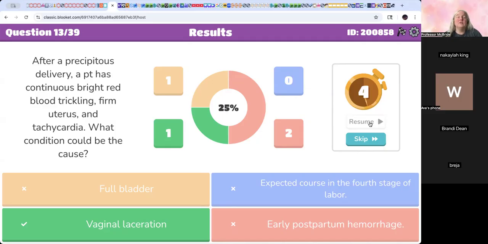What other medicines make the uterus contract besides oxytocin? Misoprostol. So that's misoprostol, and the other name for that is Cytotec.